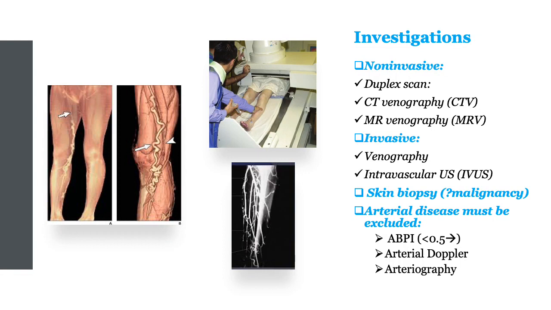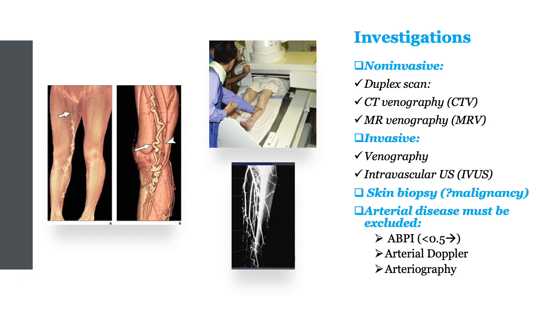What investigations are used in cases of venous ulcer? They are more or less similar to investigations used in CVI, because venous ulcer is a clinical manifestation of CVI. So we have non-invasive, as I said before: duplex scan, CTV, or MRV.